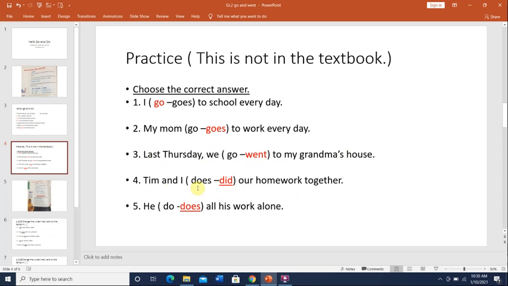We cannot use does because the sentence is about two people, Tim and I. So the correct answer would be did, and it shows you that the sentence is in the past tense. Number 5, he does all his work alone. Why did I choose does? Because he is only one person, right?